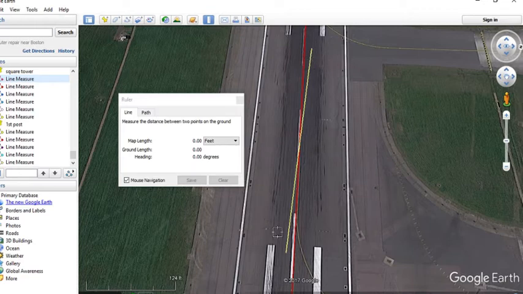From the yellow line to the end of the yellow line, 273 degrees. Let's just try to get that. 273 degrees. Now let's measure the red line.